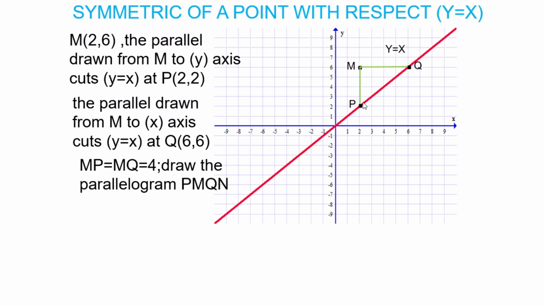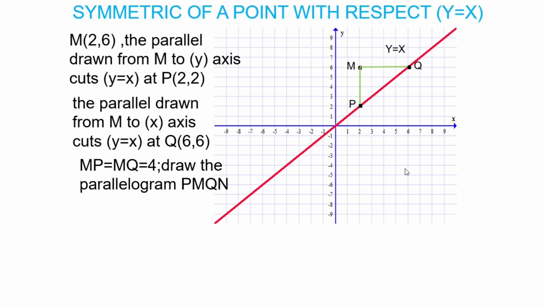Complete the parallelogram PMQN. Since MP equals MQ equals 4, count 4, 4, this triangle is right isosceles. And we have a parallelogram here.